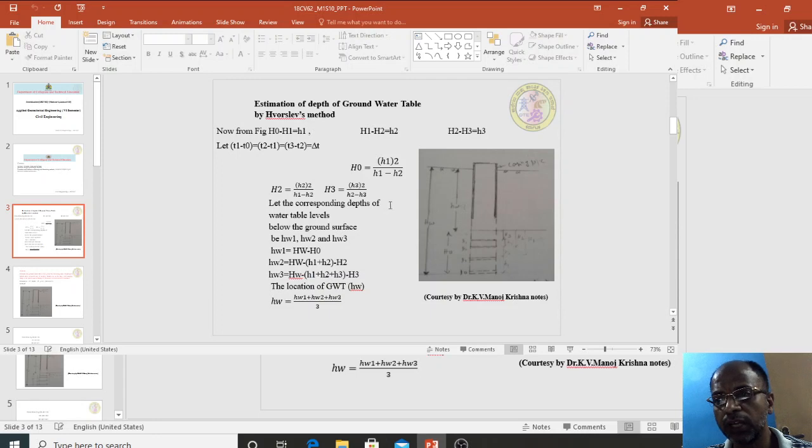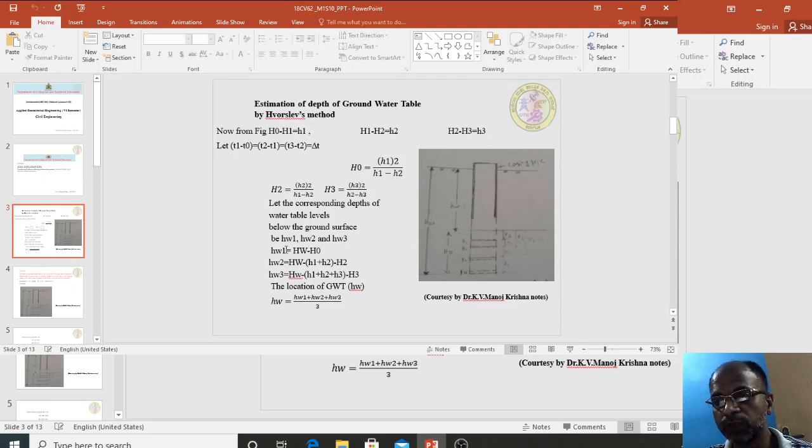Let the corresponding depth of water table level below the ground surface be hw1 for the first day, hw2 for the second day, hw3 for the third day. If it is a steady state condition, then small hw1 should be equal to small hw2, and small hw2 should be equal to small hw3.